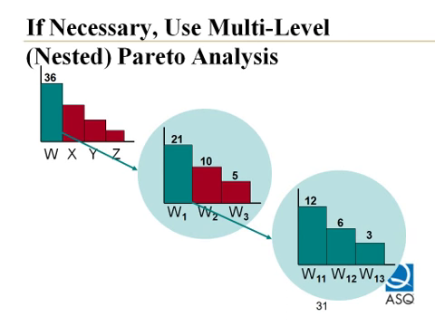But we still can't figure out why W1 as a defect is occurring, and so we do a further shred out, and for defect W1 we have defects W11, W12, and W13.